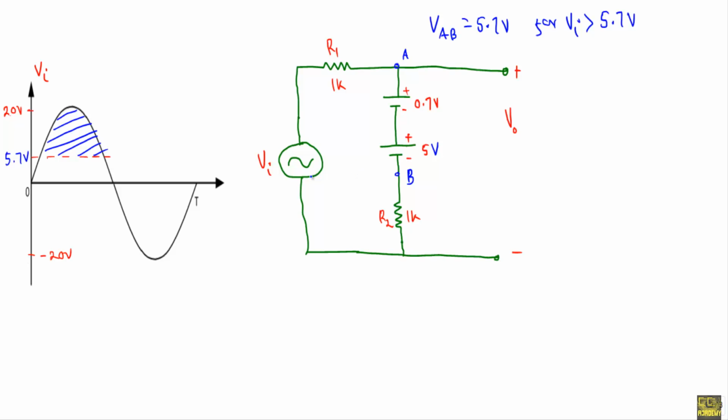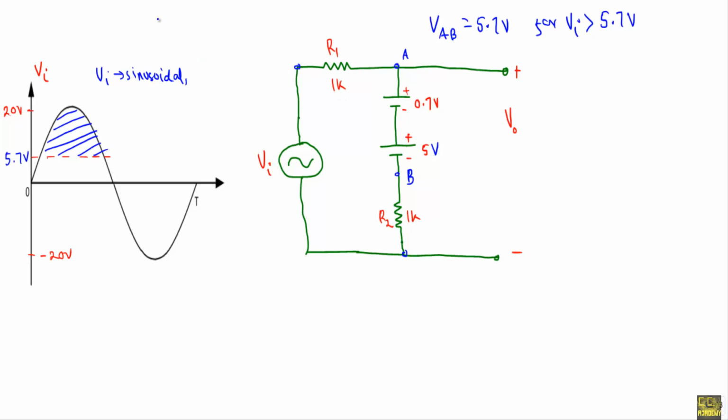Here Vi is changing sinusoidally, or the applied voltage is a sinusoidal voltage. We have two resistors of 1 kilo ohm each.